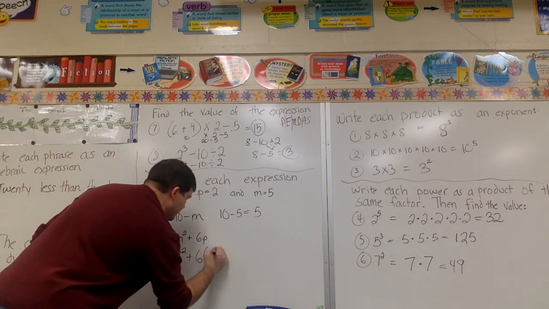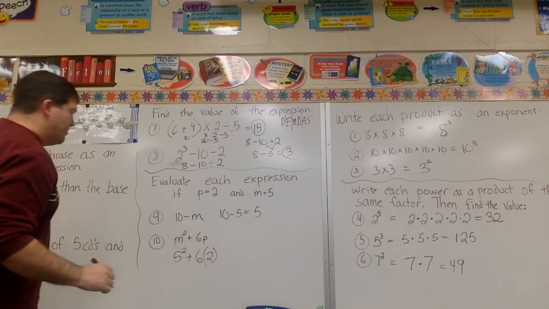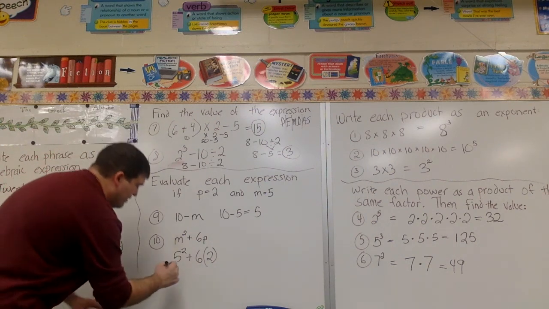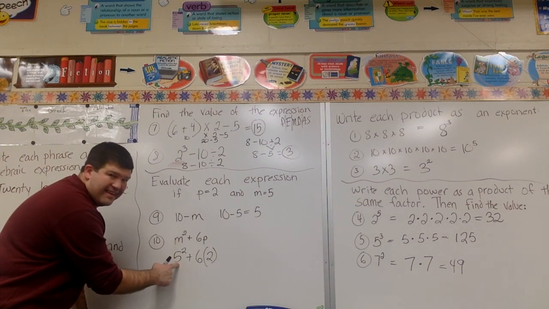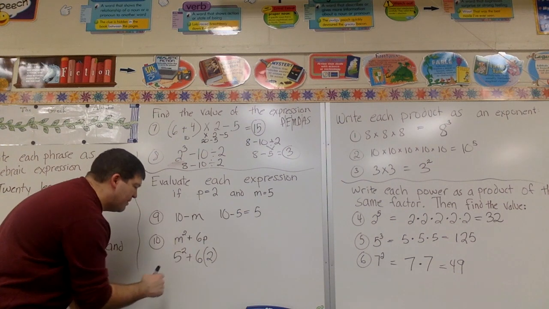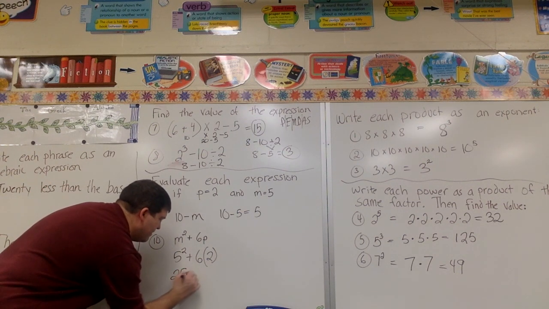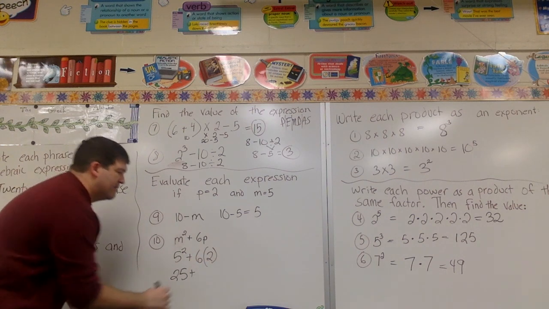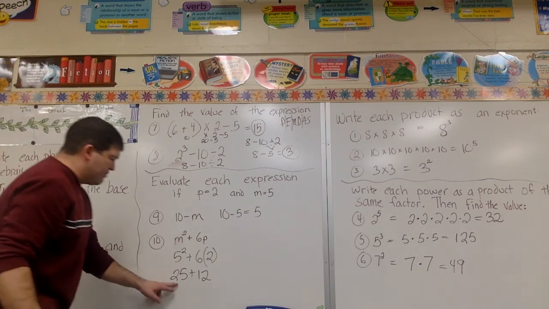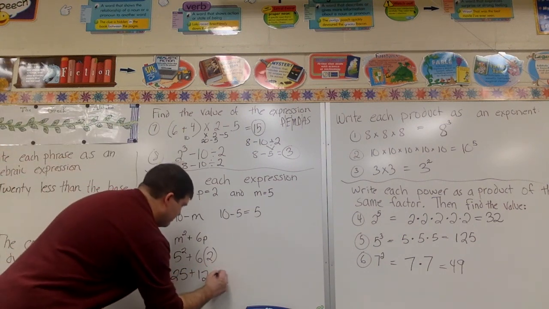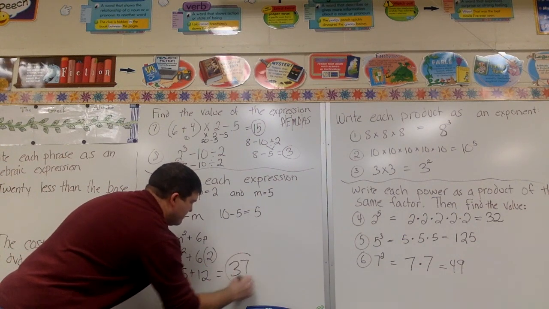P is 2. Okay, so I'm going to do my exponent here. 5 times 5, this isn't 10, it's not 10. 5 squared is 25 plus, and then 6 times 2 is 12. And when I do 25 plus 12, it gets me 37.